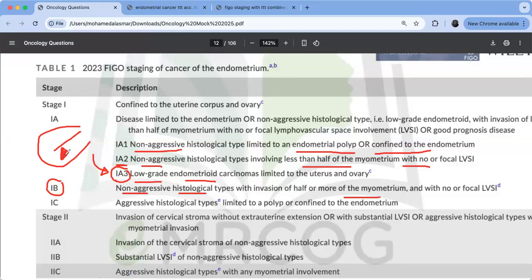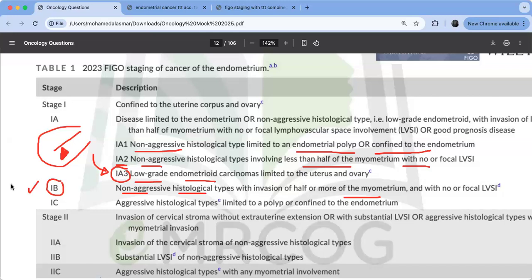Which stage is this, if this is a non-aggressive histological type, with 50% myometrial invasion or more? 1B. Excellent, Dr. Sarah. Excellent, Dr. Fatima. Okay, wake up, wake up. So this is like the old one, so we are happy for it.